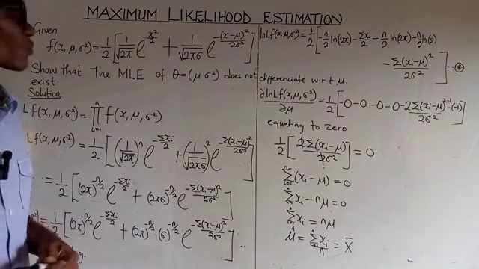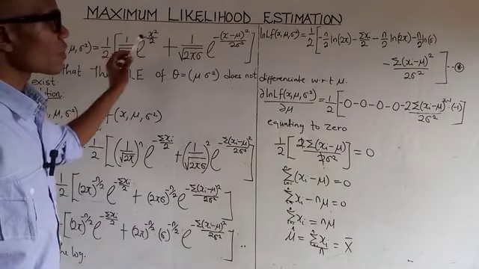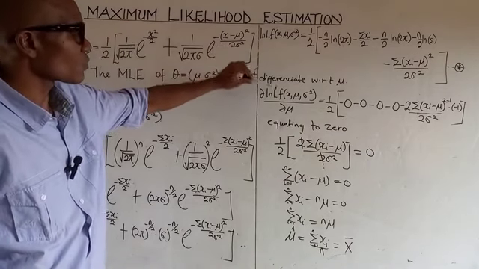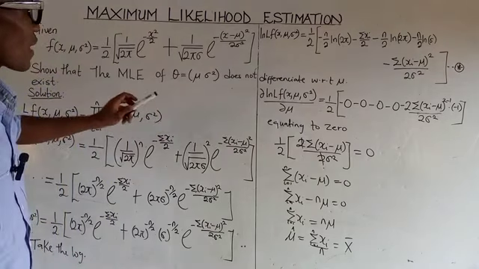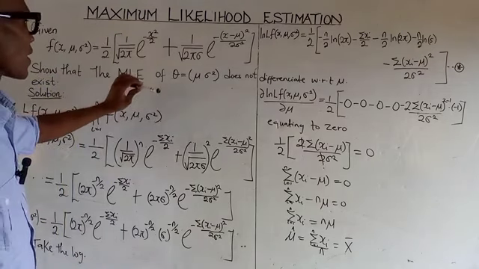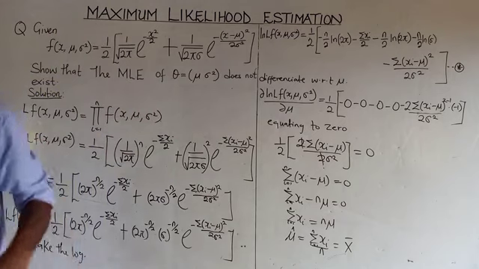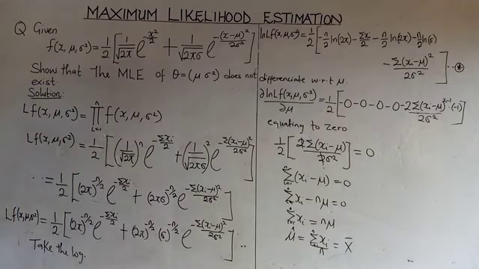The next thing to do is to differentiate with respect to sigma squared to see if actually the maximum likelihood estimation exists or not. So we come over to this place.